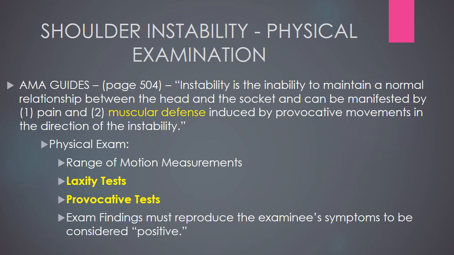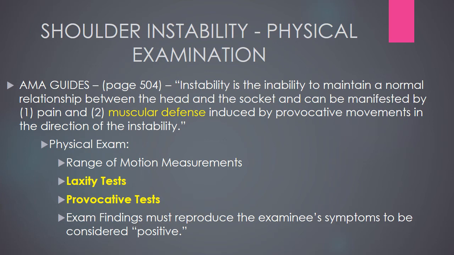So with our physical examination maneuvers, we attempt to provoke instability. And in the presence of bona fide instability, these maneuvers will provoke pain, and they will provoke muscular defense to prevent subluxation or dislocation in the direction of the instability.